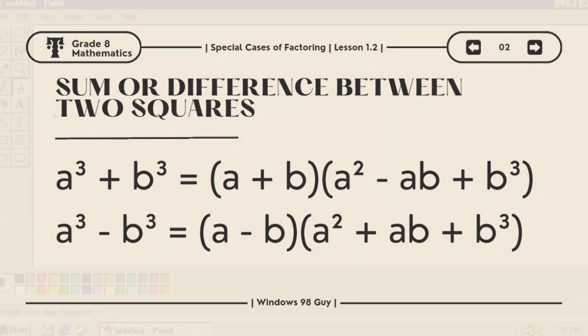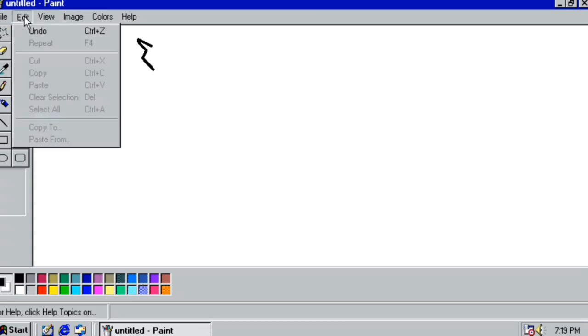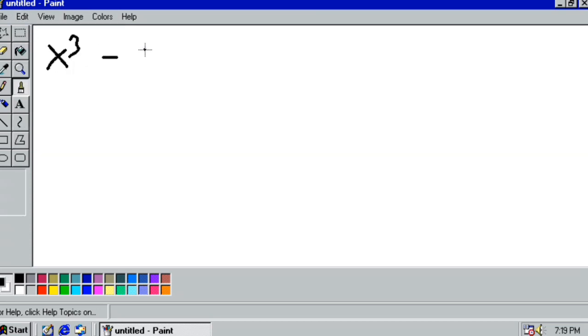Now let's say we have x cubed minus 8. How are we gonna factor this? It's simple, like what we did earlier. Set up a binomial. Since it is minus, this will be minus. The cube root of x cubed is x. And the cube root of 8 is 2, because 2 times 2 is 4, and 2 times 2 again is 8.